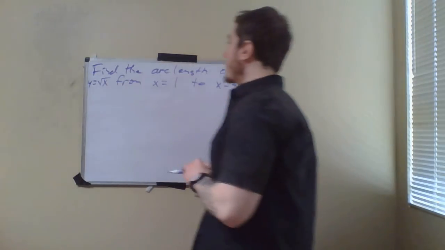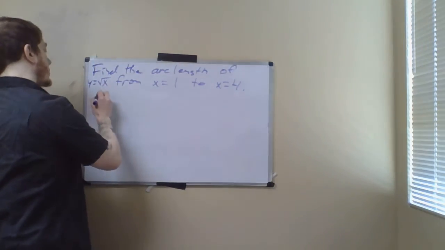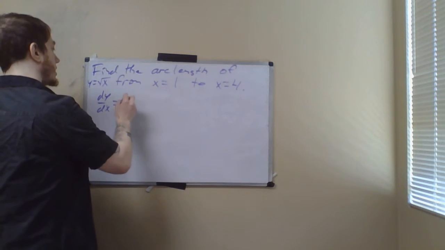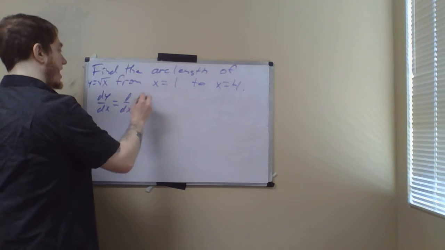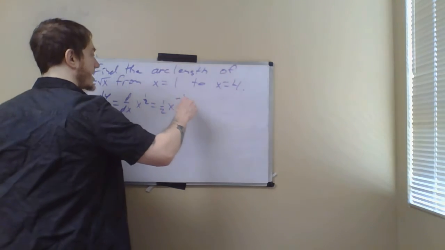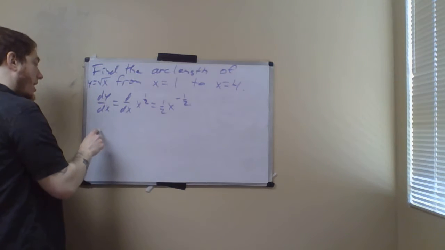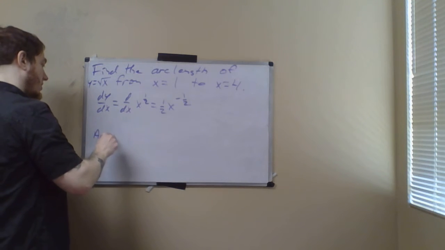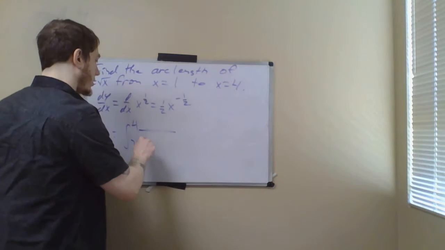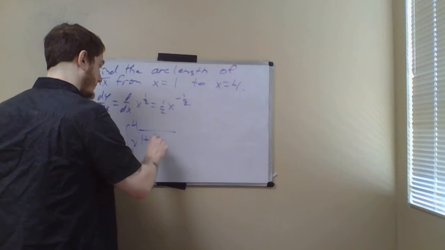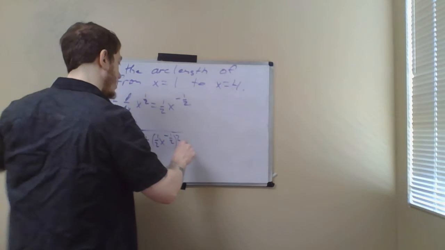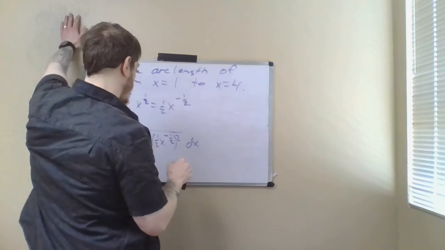Okay, so what we're going to do here is say dy by dx is equal to the derivative of x to the 1/2, which is 1/2 x to the minus 1/2. And our arc length is going to be the integral from 1 up to 4 of the square root of 1 plus (1/2 x to the minus 1/2) squared dx.